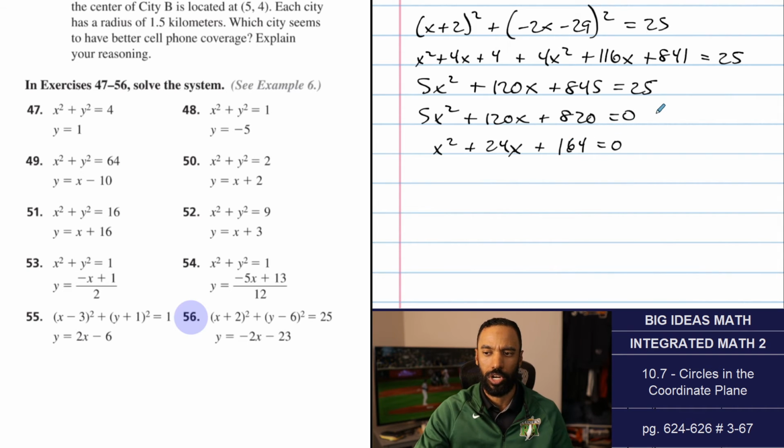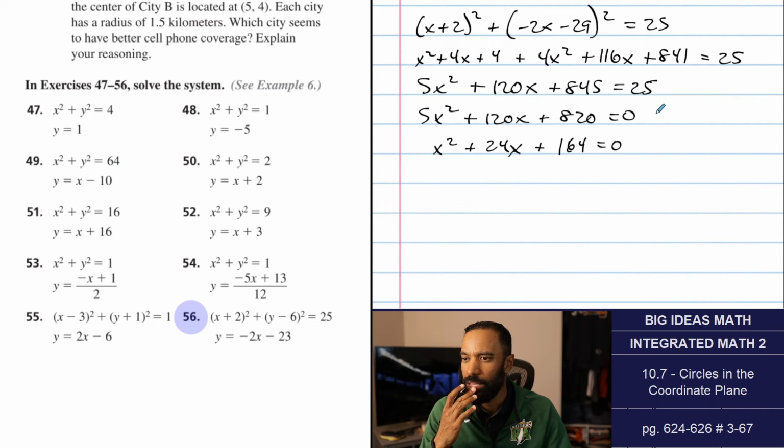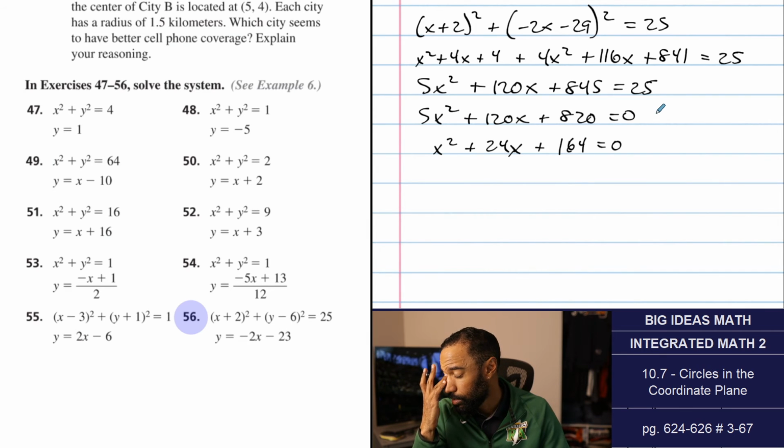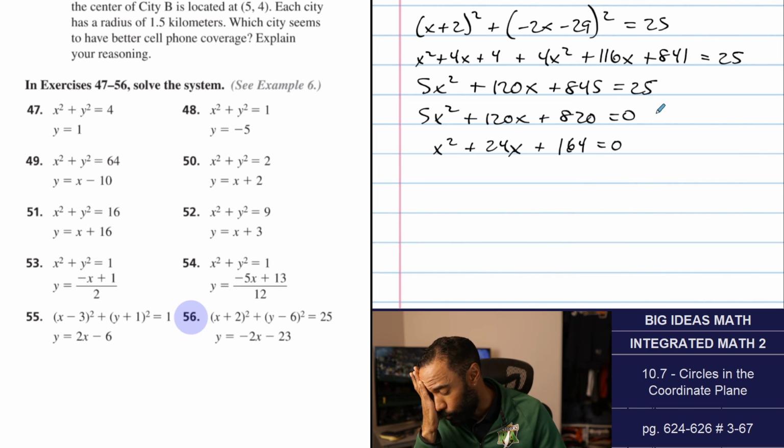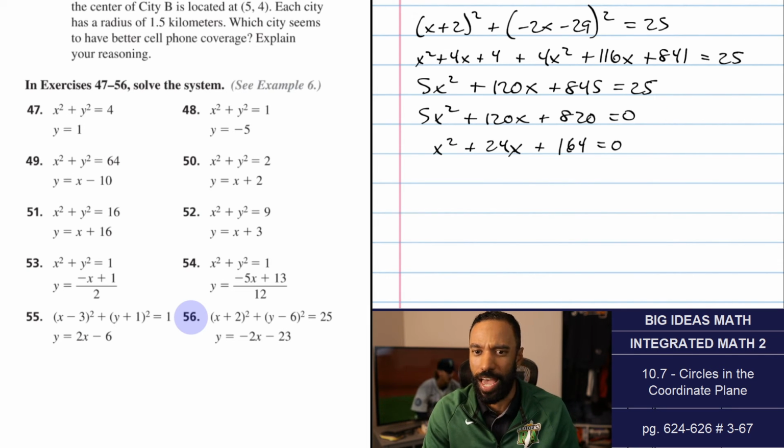It's not a perfect square trinomial. That's a certainty. I don't know if this is factorable. Okay, 164 is 4 times 41. I feel like that one won't be factorable with that in mind.